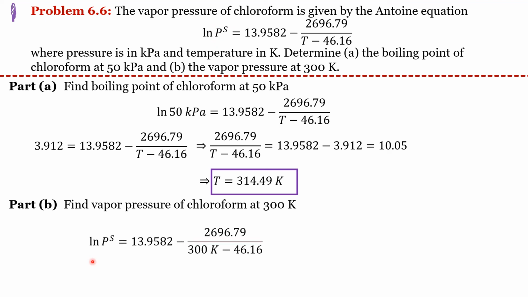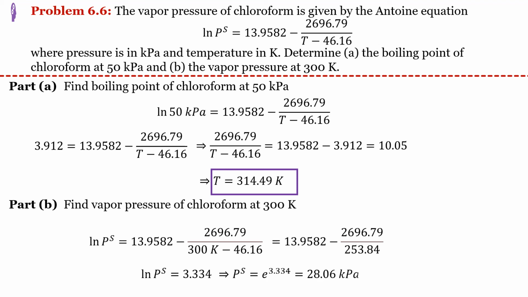We will put all values into the above equation, and now this PS is unknown. Further we will solve it, and after simplification we will get ln P saturated equal to 3.334. So we can estimate the value of P saturated, and it will come out as 28.06 kilopascal.